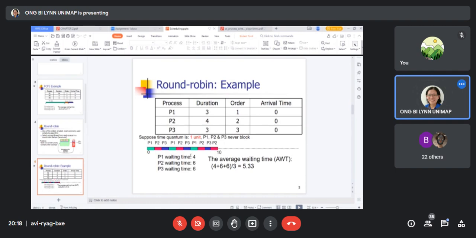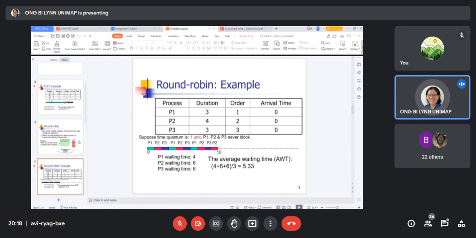Okay? So sekarang kita tengok kat P2. Okay, P2 habis pada unit ke berapa? Okay, you say P2 finishes at block 10. Okay, 10 tolak dengan dia sendiri executions, you are going to have 6.